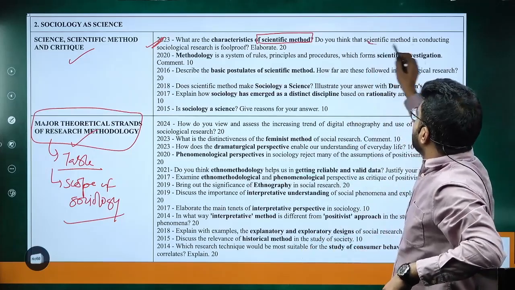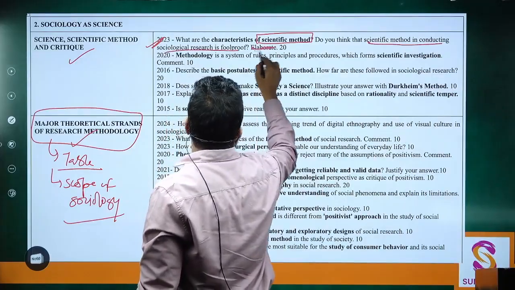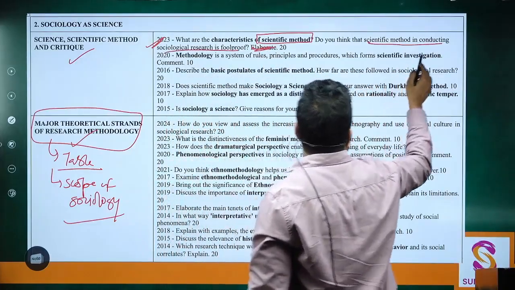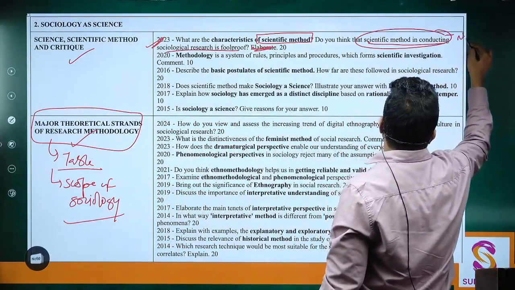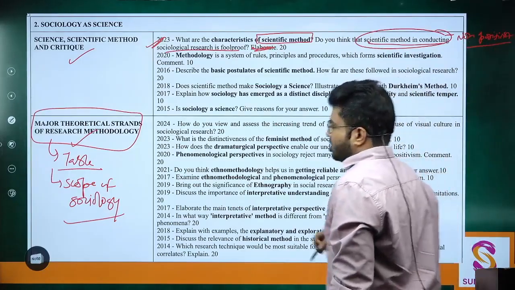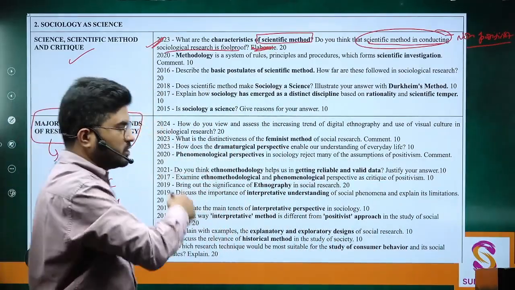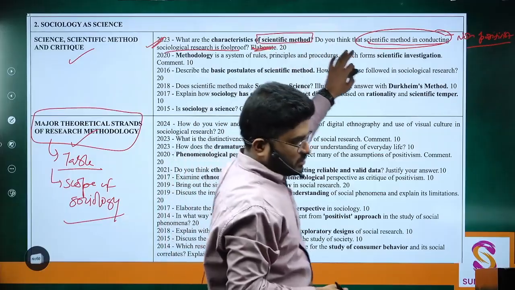Then: do you think that scientific method in conducting sociological research is foolproof? Elaborate. We have to highlight the approach of the non-positivist school of thought, that no, although the positivist school of thought wants us to utilize scientific methodologies in sociology, it is not possible in sociology. Why?